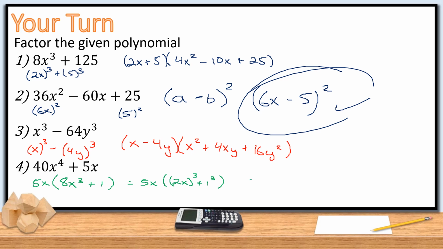So in factored form, the 5x is still there. We've got the a plus b, so 2x plus 1. And then we've got a squared, so 4x squared, minus ab, so that's minus 2x, plus b squared. There's our factored form. So 5x, 2x plus 1, 4x squared minus 2x plus 1.